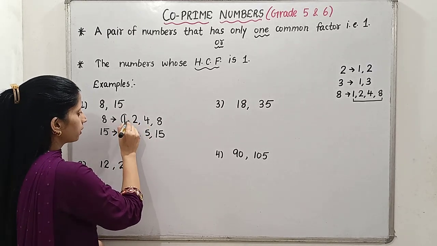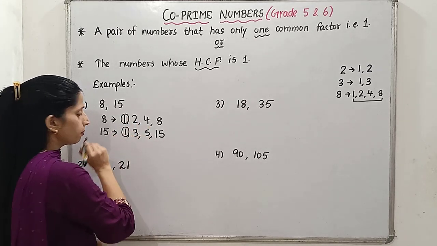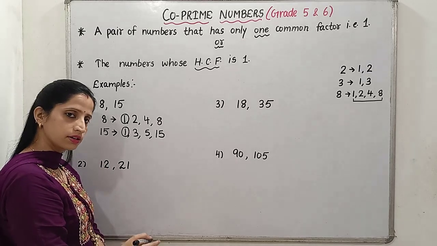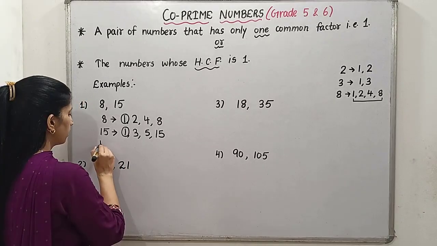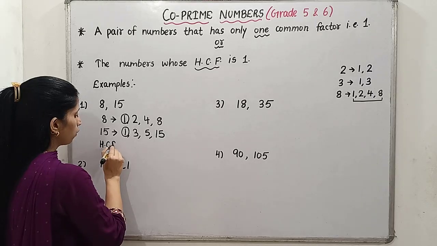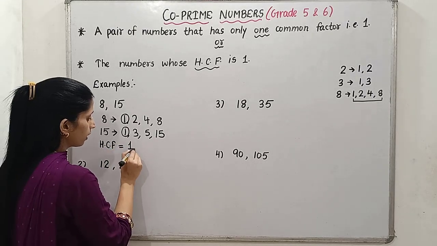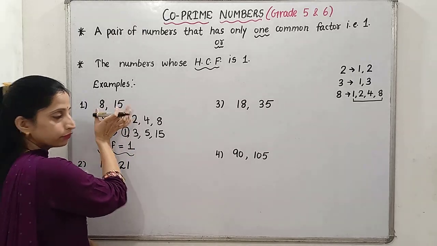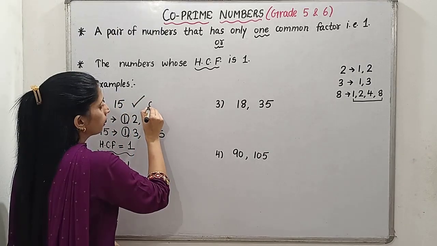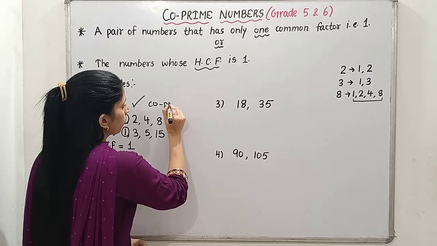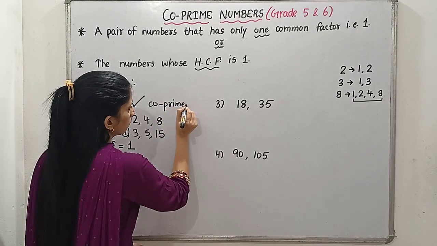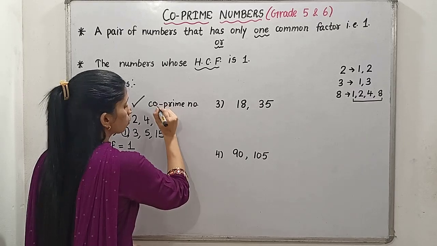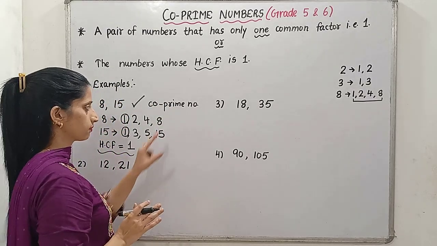You will find that they have only one common factor, that is 1. Or we can say that the HCF of these two numbers is 1. Hence, this pair of numbers 8 and 15 will be co-prime numbers. Okay, so this pair is known as co-prime numbers.